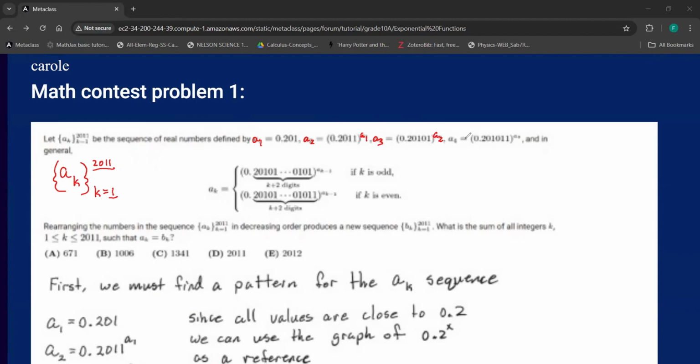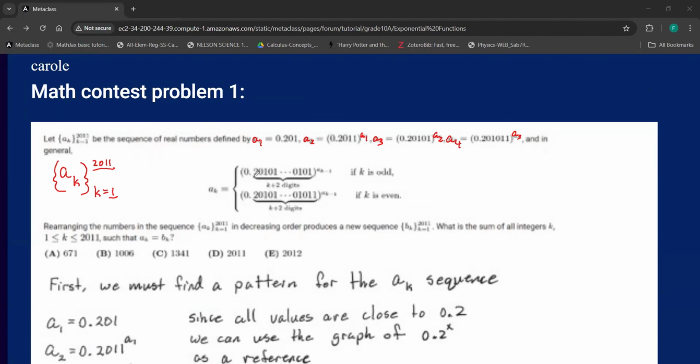And then a4 is equal to 0.201011 to the power of a3. And in general, you don't really have to care about this part.